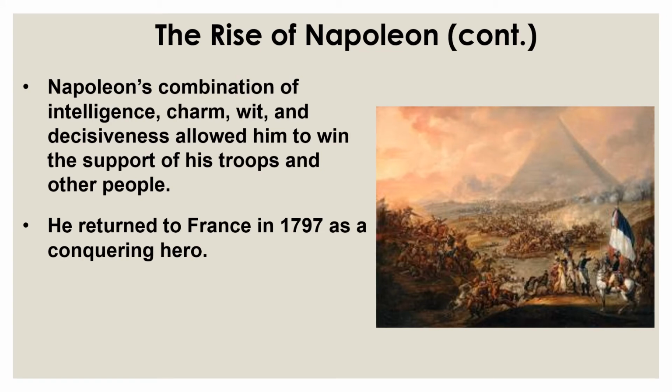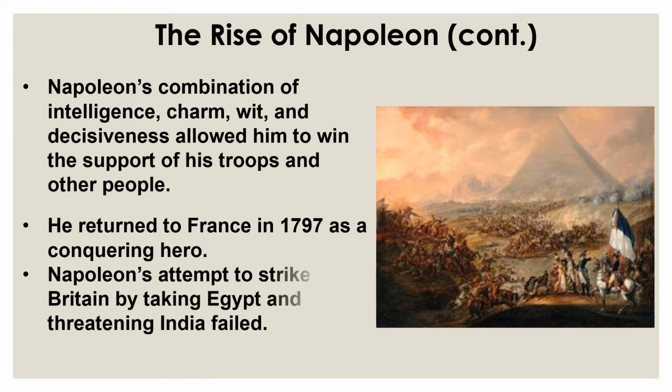Napoleon's combination of intelligence, charm, wit, and decisiveness allowed him to win the support of his troops and other people. In fact, he became so popular that people would follow him rather than follow the French revolutionary government, the Directory, as we will see. He returned from some of his military campaigns in 1797 as a conquering hero.